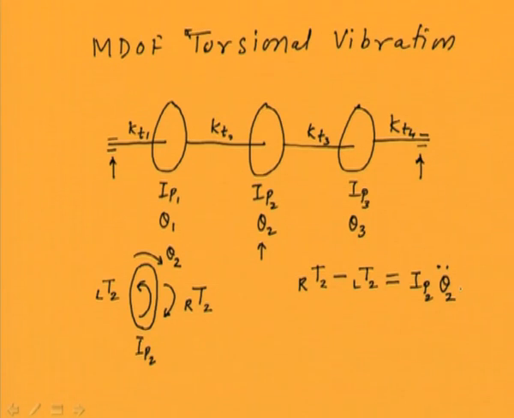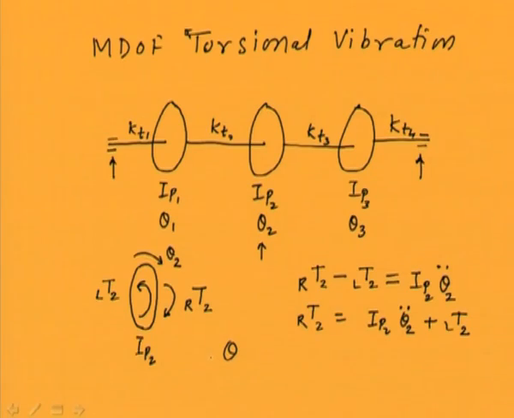Okay. So this equation can be written as theta 2 plus like this. Now the angular displacement in the right and left of the discs are the same, because we are considering the disc as a point.